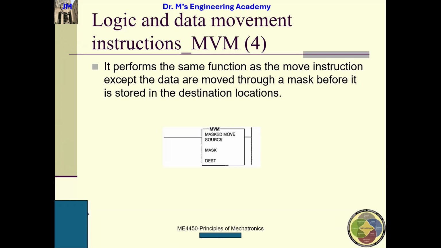If the bits of the mask equal 0, the corresponding bit of the source will not be moved from the source to the destination. Keep this in mind, okay? I'm going to show you, and then I will test your understanding in our exam.